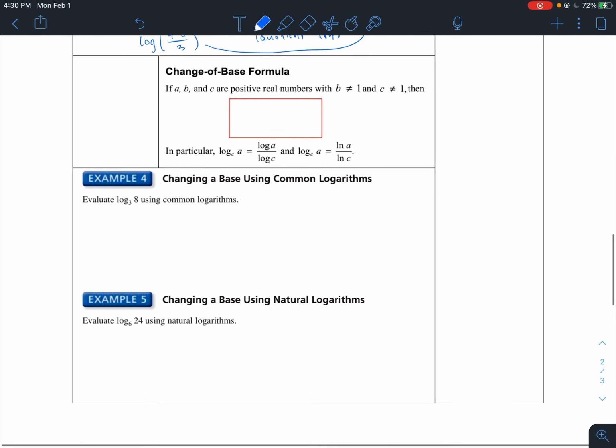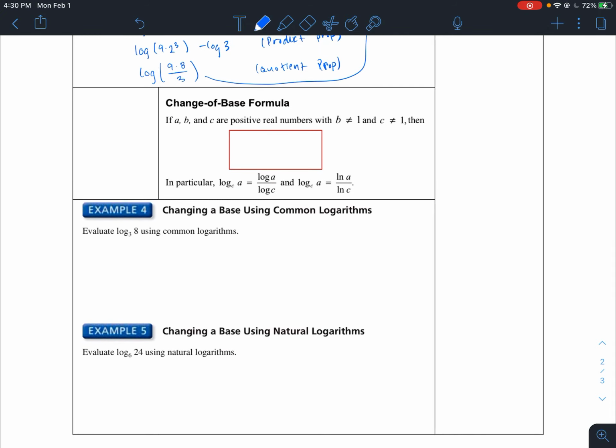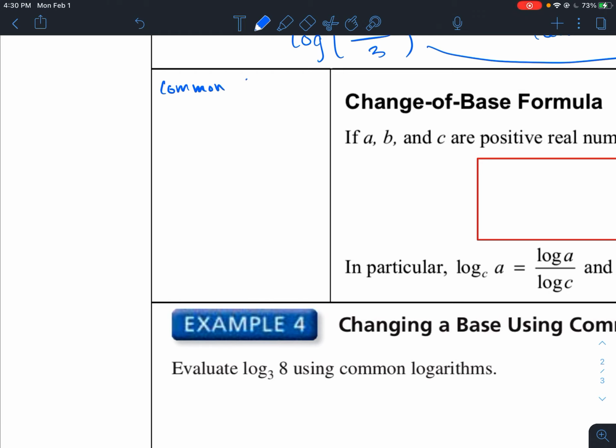Now we're moving on to what is known as the change of base formula. Okay, now the change of base formula is really easy. If you remember, when we first learned about logarithms, I told you about common logs. Common logs have a base of 10.